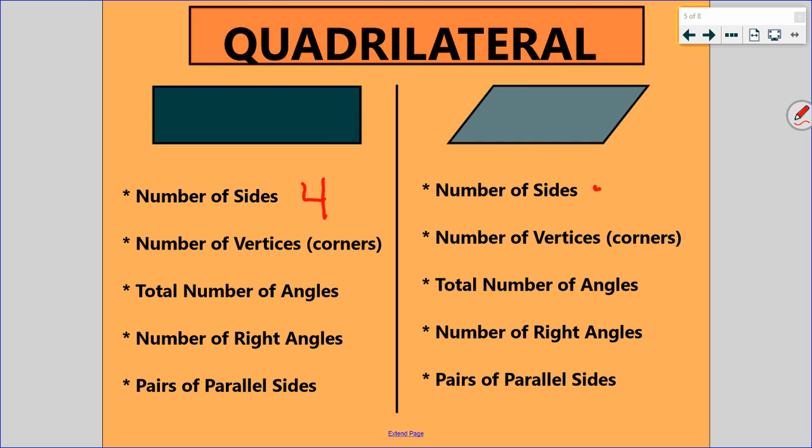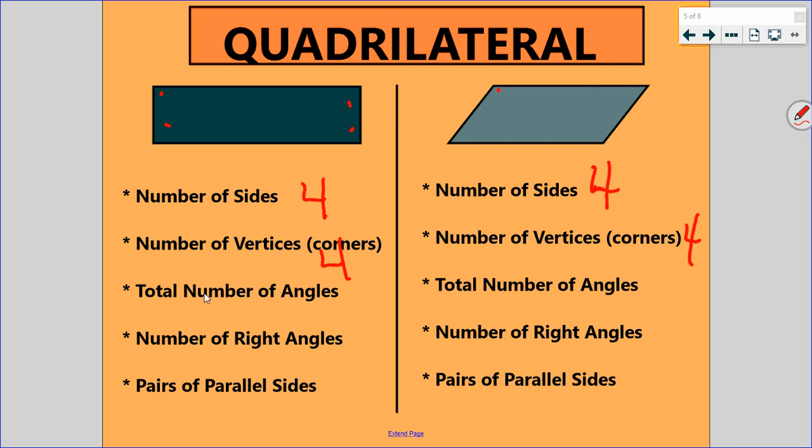We still have 4 sides, even though they're kind of cattywampus. How about the number of vertices? That's a fancy mathematician word for corners. How many corners do we see on these shapes? I have 4 corners. What about over here? 4 corners if you count them all.